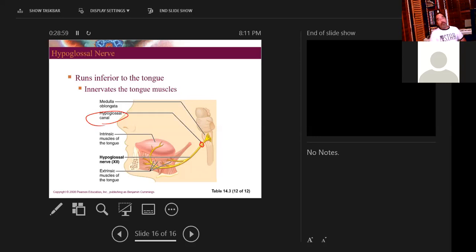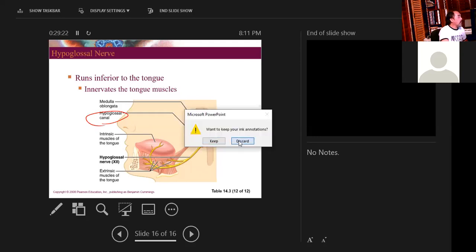It should be symmetrical. So if 8, 9, 10, 11, 12 are intact, the medulla oblongata is saying, I'm okay. And that's what we study here, the cranial nerves and the central nervous system. All right, so that's the information about the cranial nerves.